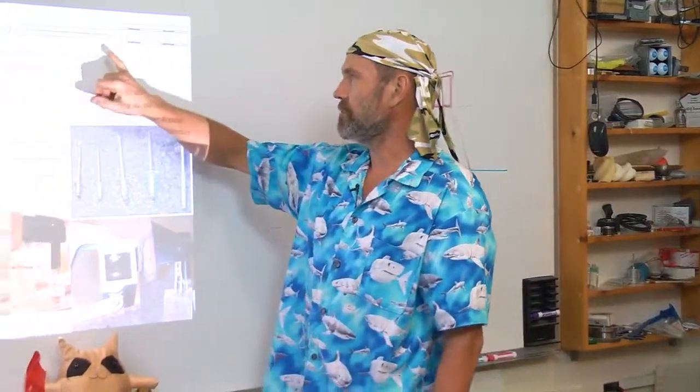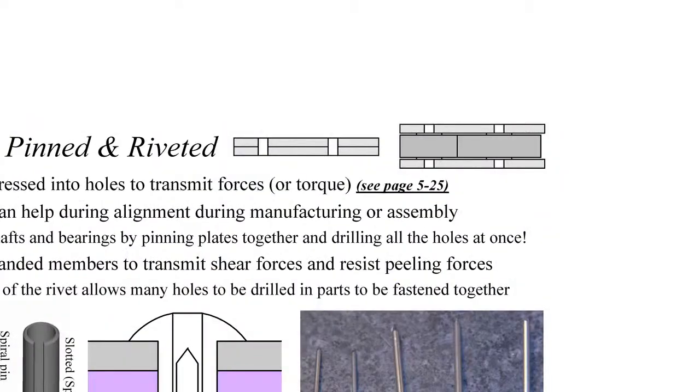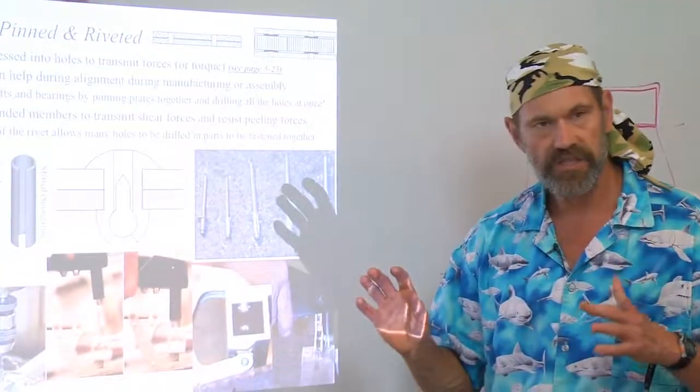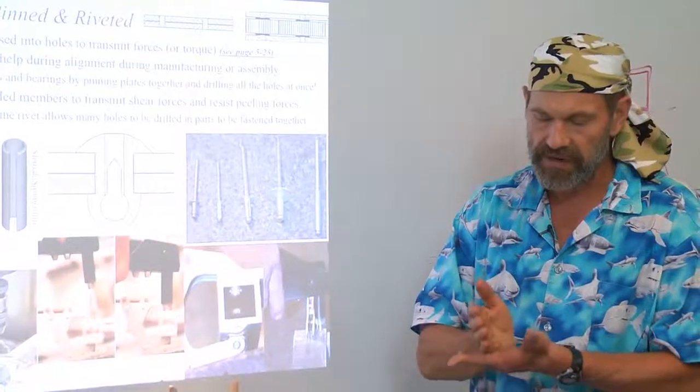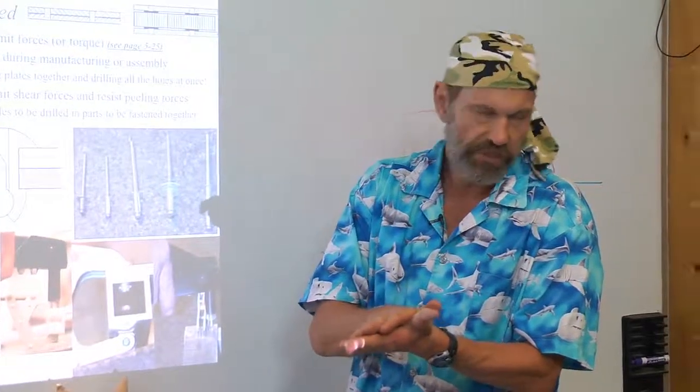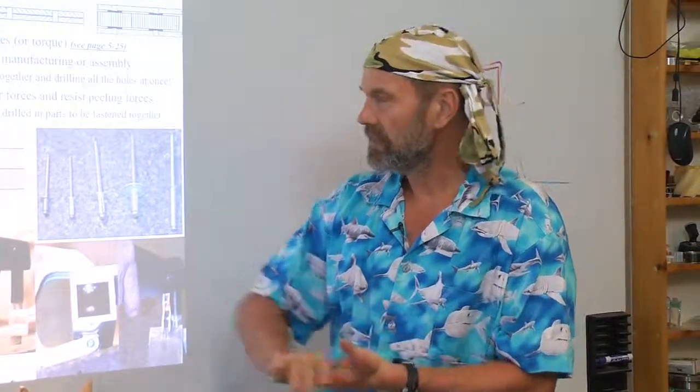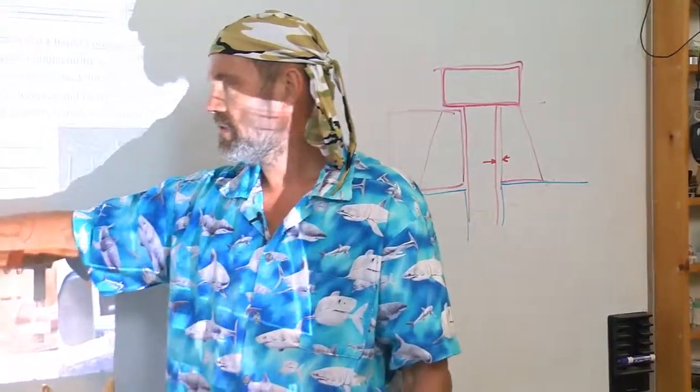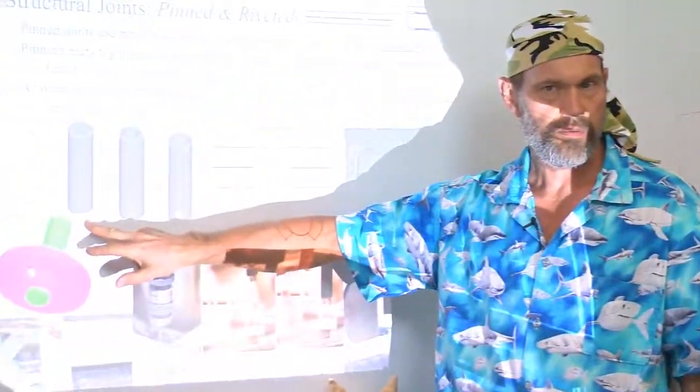Now, why did I include pinned joints in addition to riveted joints? Well, a pin joint, and there are several types of pins, operates in a similar mode where the pin resists shear of the joint. In this case, a dowel pin will be pressed into a hole.